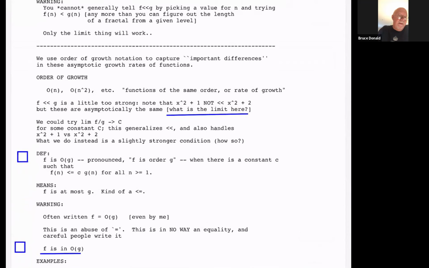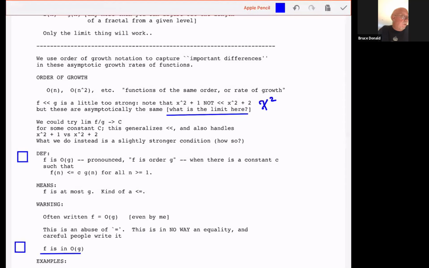For example, we can look at two functions like x squared plus 1 and x squared plus 2, and it's not the case under this definition that x squared plus 1 grows more slowly than x squared plus 2, right? So that's a little bit unsatisfying. By the way, what is the actual limit here?